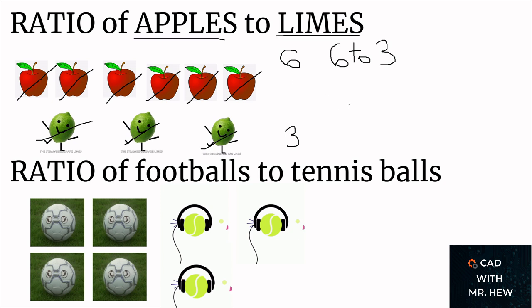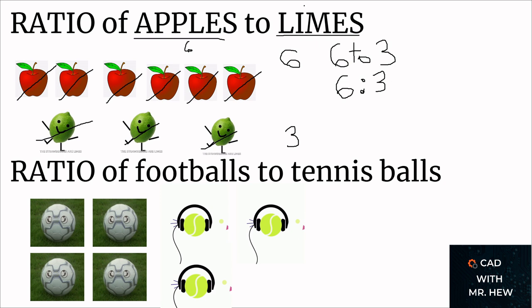We can also use a colon to write the same mathematical expression. So we can say 6 colon 3. Or we can represent it as a fraction. The numerator will be the first number that we put on top, in this case the 6 for the 6 apples.